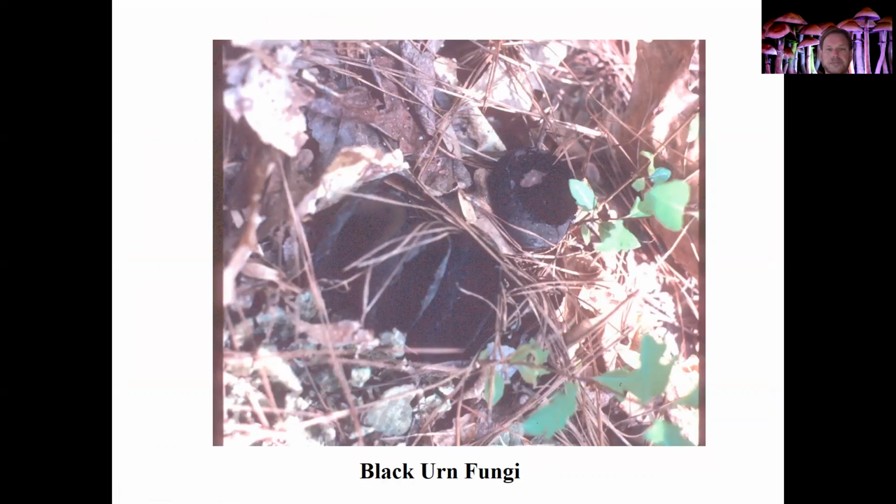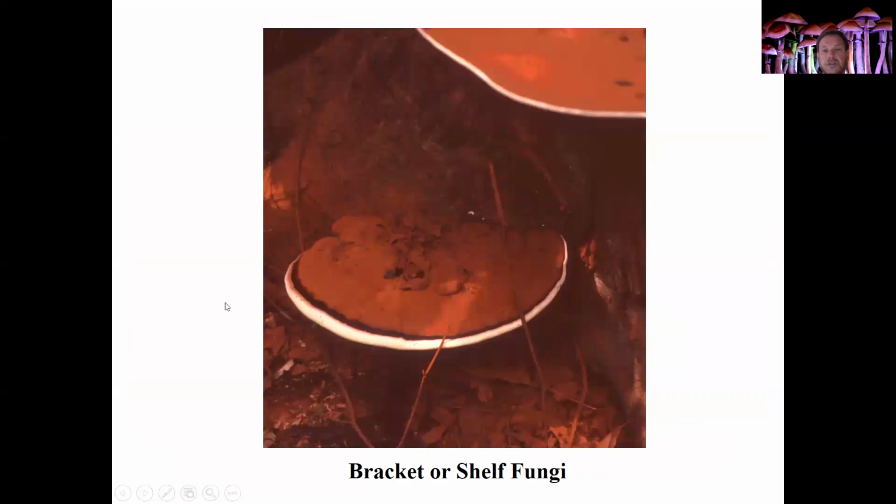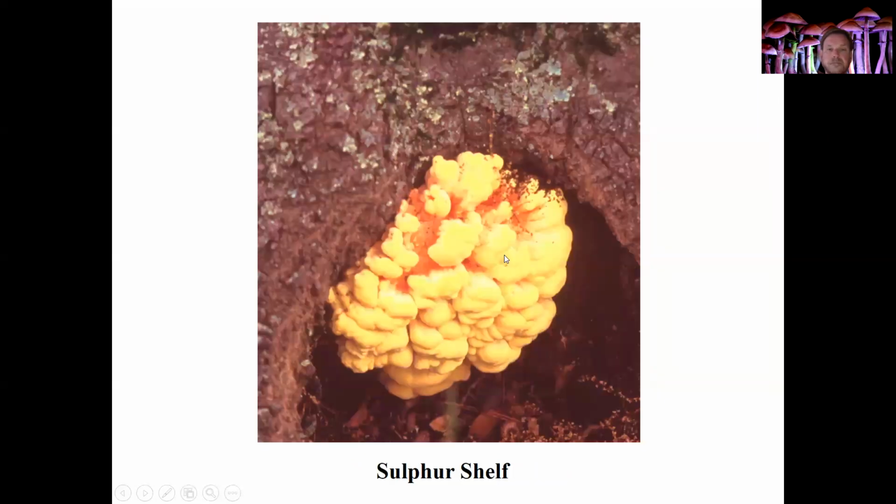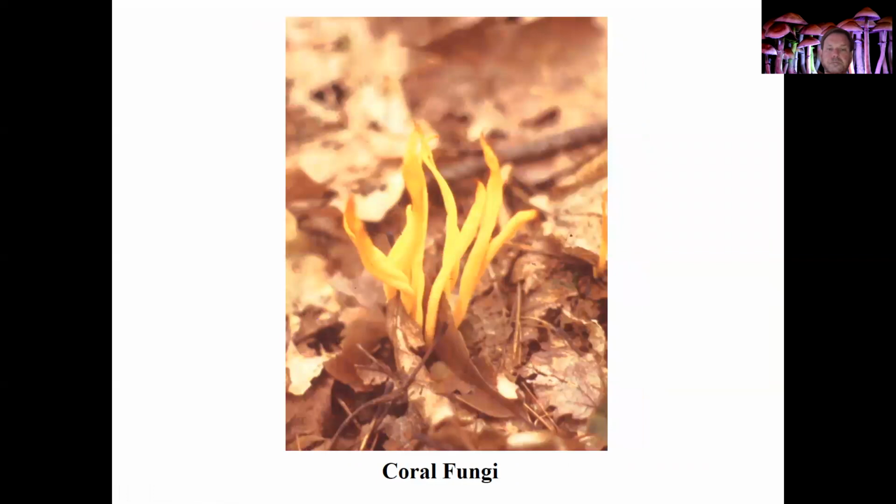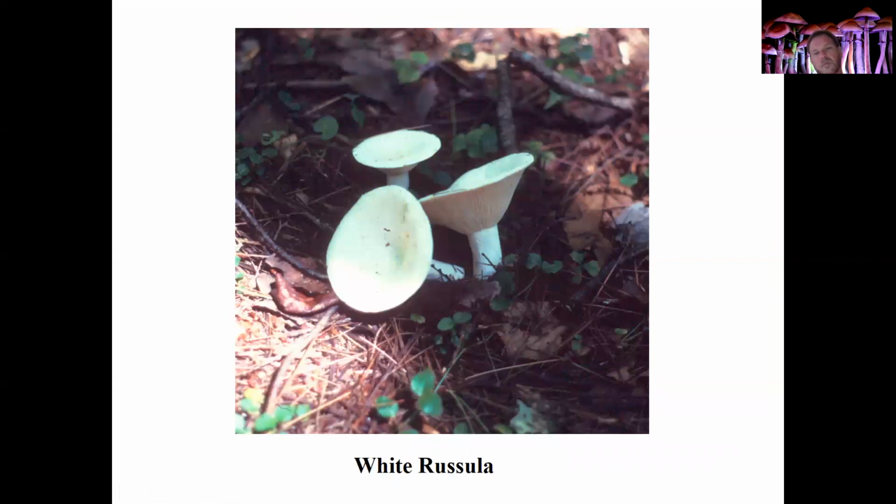Urn-shaped fungi. There's a shelf fungus. Grows out of trees on like a shelf. A sulfur shelf, which is another name for chicken of the woods. And even fungi that look like coral. Russulas, concave caps.